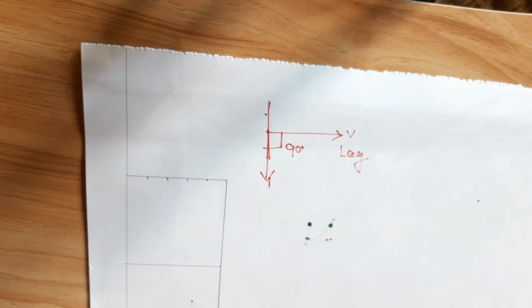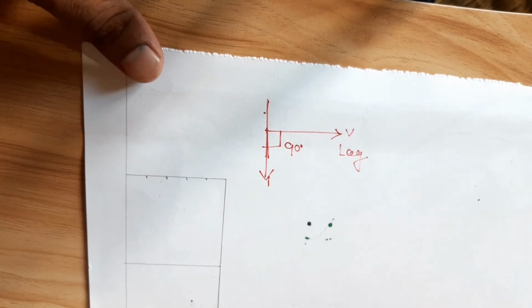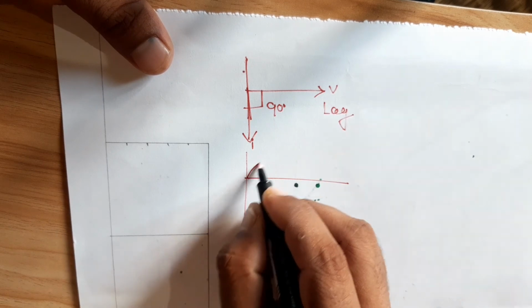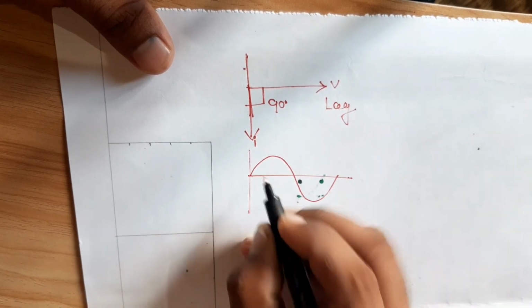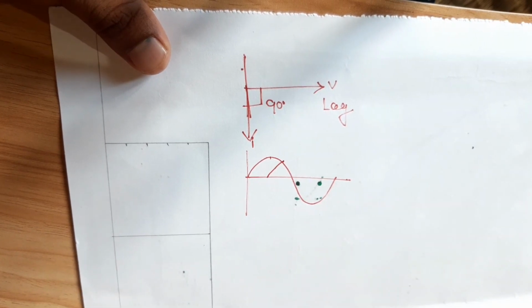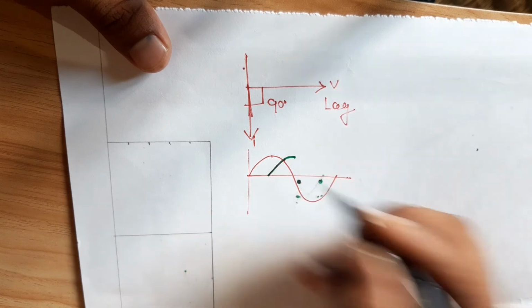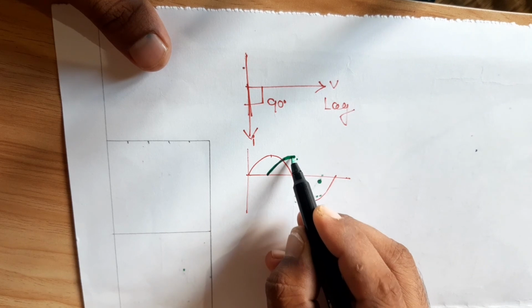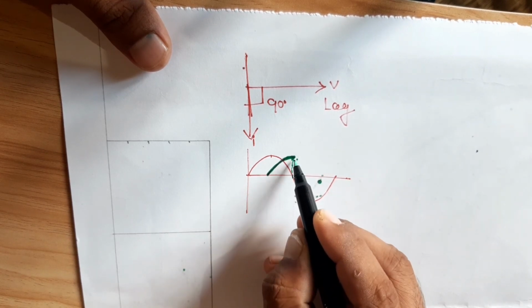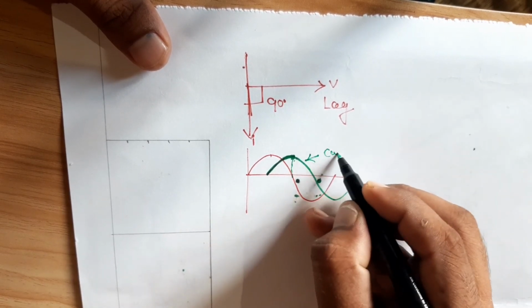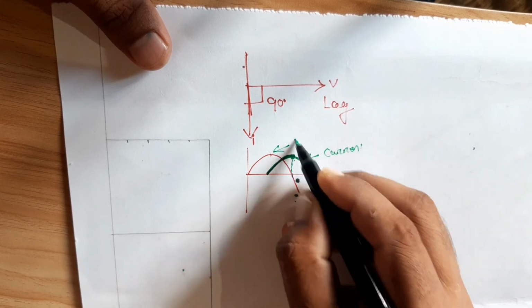In a pure inductance circuit, the current will lag perfectly by 90 degrees. In the wave diagram, if the voltage is like that, the current will start after 90 degrees and reach its maximum here. This is the current, and this is the voltage.